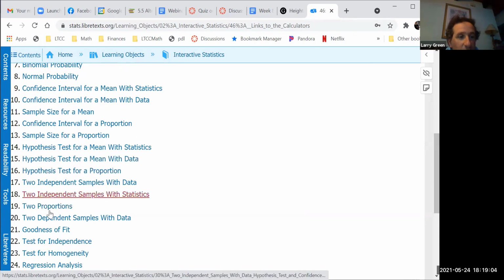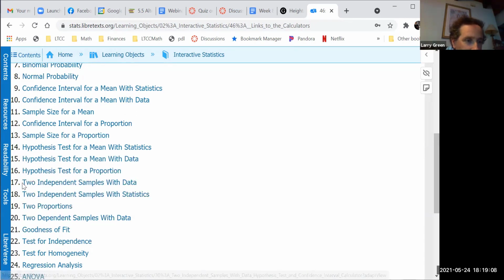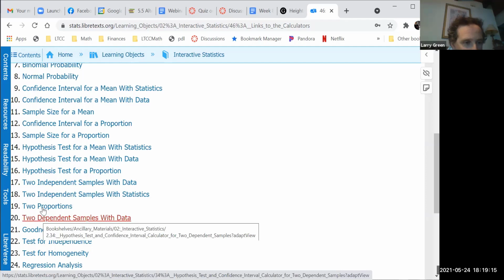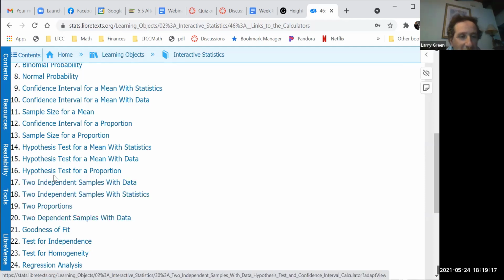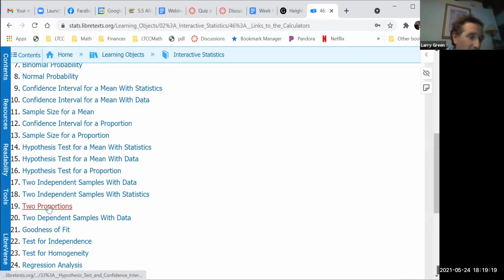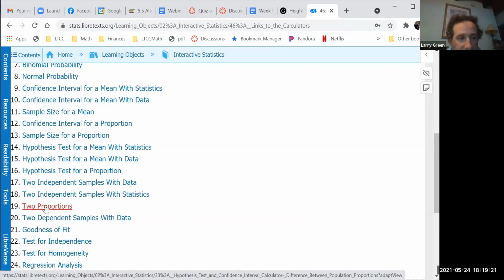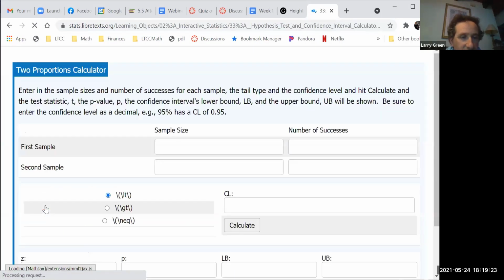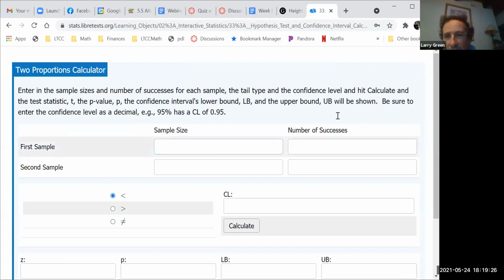So notice, that's how I made this, is that we're basically 17, 18, 19, and 20. That's chapter 10. So we're on number 19 because we're talking proportions. Any questions so far?